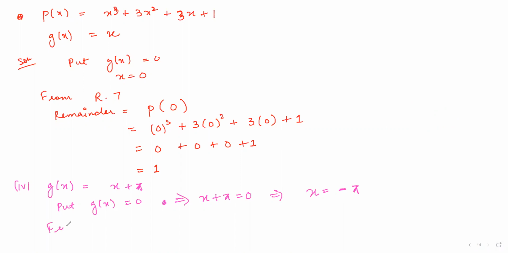So again from remainder theorem, your remainder is actually equal to value of polynomial at minus of pi. Is that okay? That you can write. So let us find this is equal to, so minus of pi whole cube. In place of x, write minus pi, right? Plus 3 into minus pi whole square plus 3 into minus of pi and plus 1. Clear?